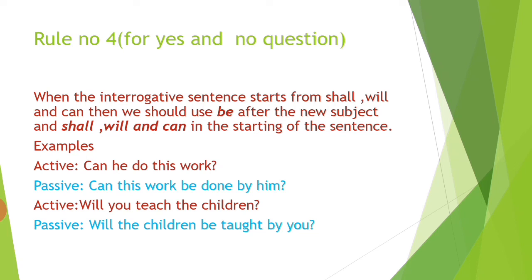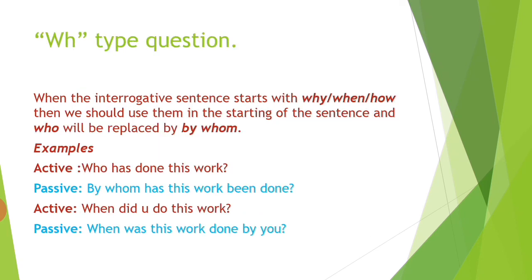Can this work be done by him? Another sentence. Will you teach the children? Will the children, then we use be taught by you. So the correct formation is: will the children be taught by you?